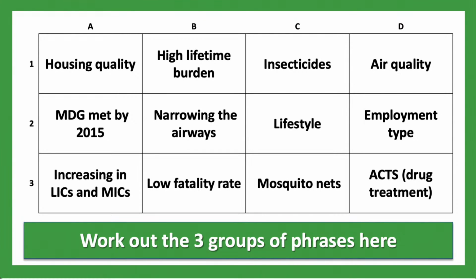Housing quality, high lifetime burden, insecticides, air quality, MDG met by 2015, that's Millennium Development Goal, narrowing the airways, lifestyle, employment type, increasing in low-income countries and middle-income countries, low fatality rate, I beg your pardon, mosquito nets, and drug treatment ACTs. So let's see if anyone's worked out what any of those groups might be. Remember, there's 3 groups of 4.